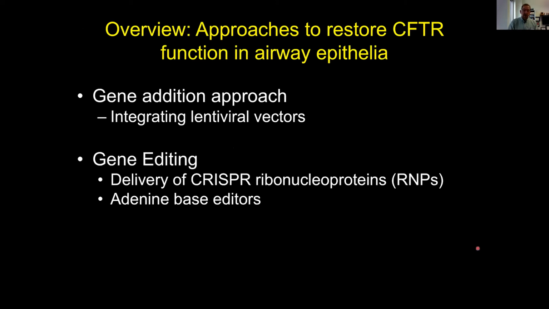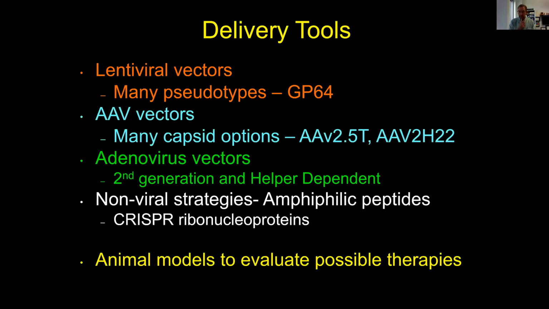So in this talk, I'm going to discuss gene addition approaches using integrating lentiviral vectors and gene editing approaches to restore CFTR function in airway epithelia. We have a variety of tools available for delivery. These include several viral vectors as outlined here.